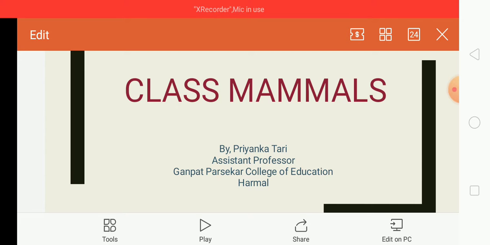I'll tell you the spelling of this: B-U-M-B-L-E bat. They range from the tiny bat to the 108-foot blue whale. The members of class Mammals are distributed in 29 orders, 153 families, and about 1200 genera.